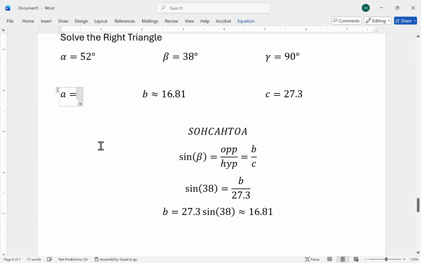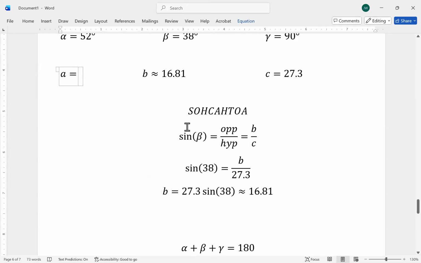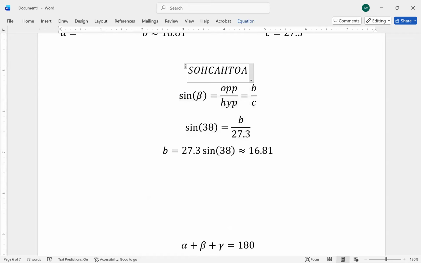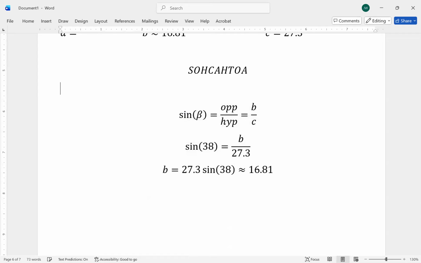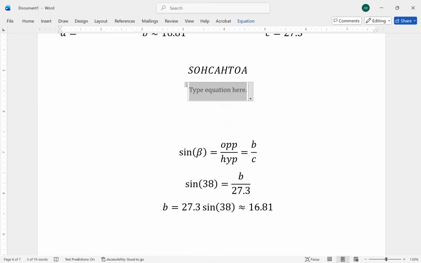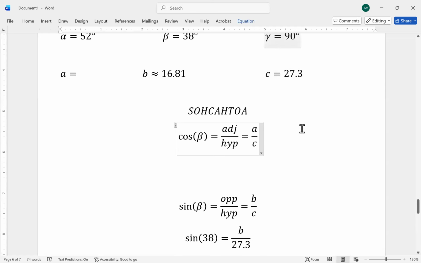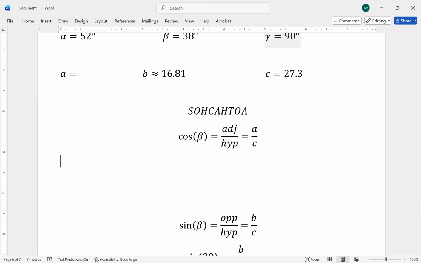If I want to find the A value, I can do something very similar. I can use the cosine of beta relationship. Let's go ahead and do that. For this relationship, we'd have cosine of beta is equal to adjacent over hypotenuse. If we're talking about beta, the side adjacent to beta is A. The hypotenuse is C. So I could do the exact same thing there, except with cosine, obviously.